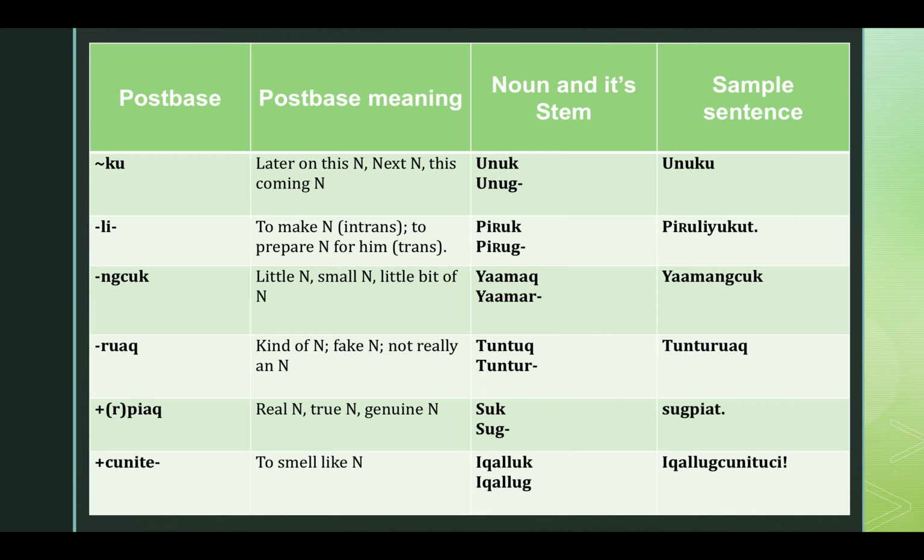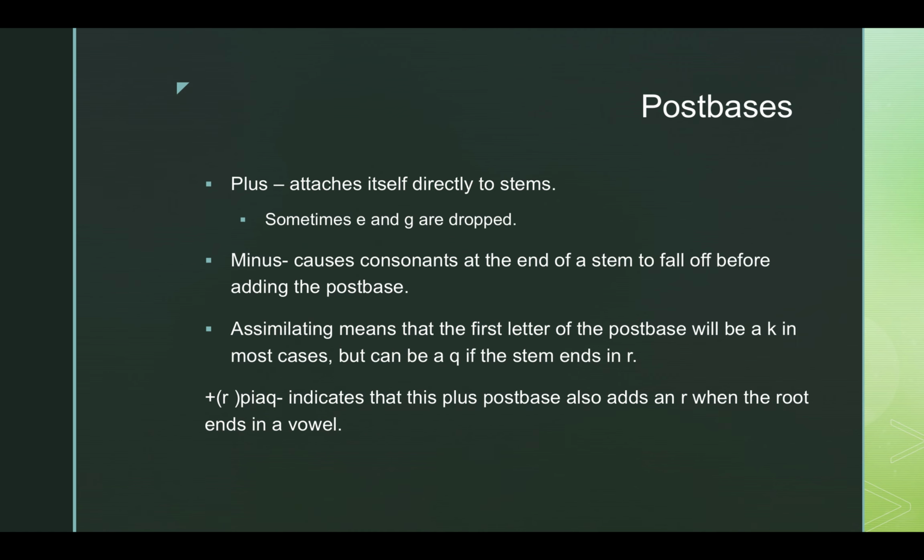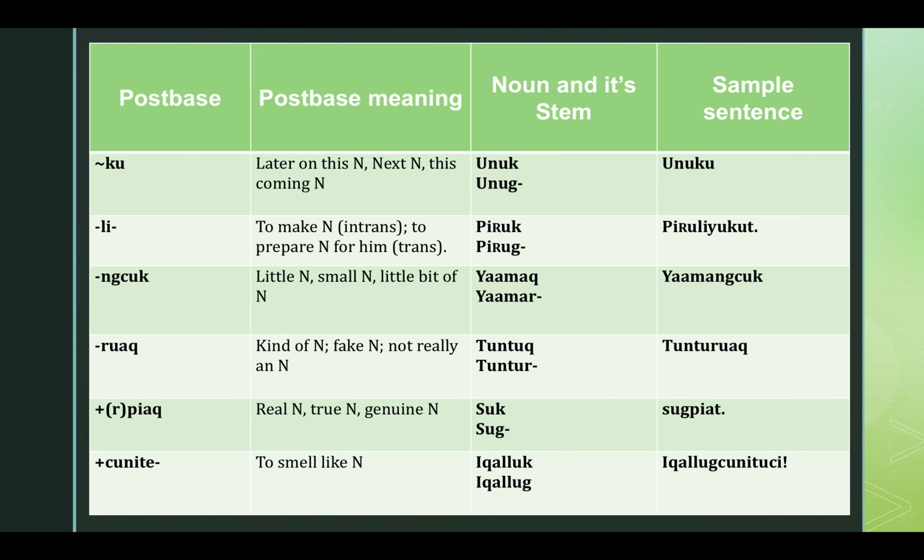And then we get into the plus postbases. So the last two are plus postbases, which means that it attaches itself directly to the stem. This one has that piak ending that I was using.